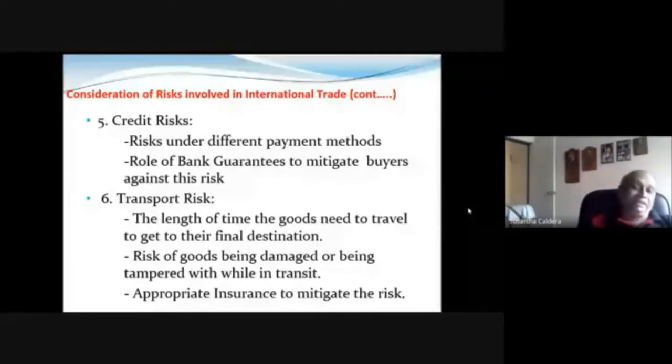Transport risk, higher. Please stop me and ask questions, right? The more questions you ask, the happier I am. Transport risk: the length of time the goods need to travel to get to their final destination.